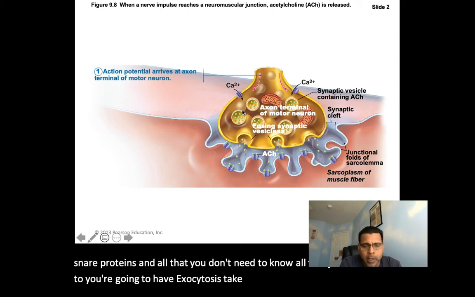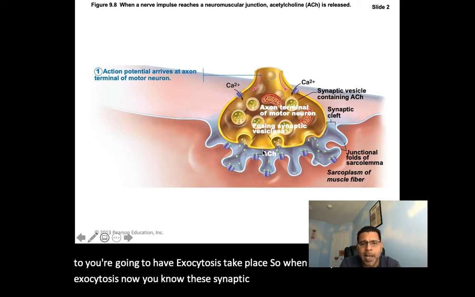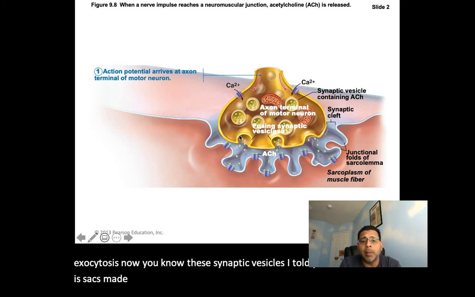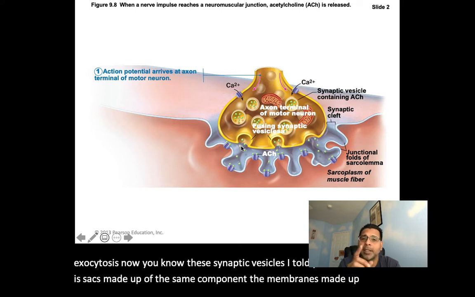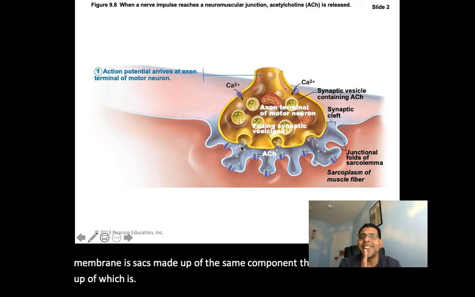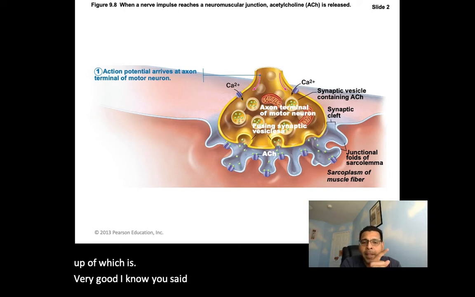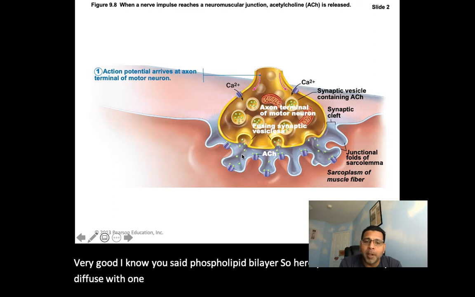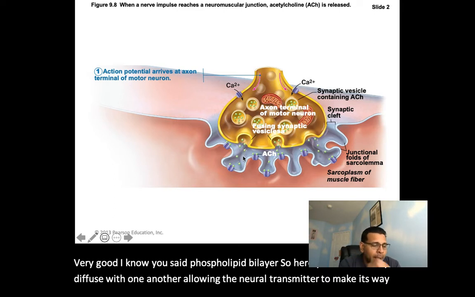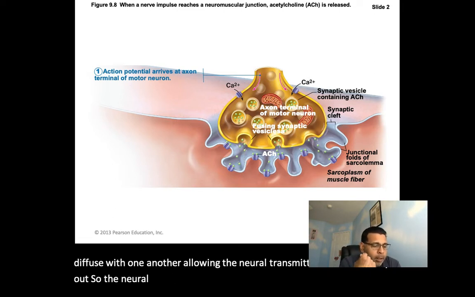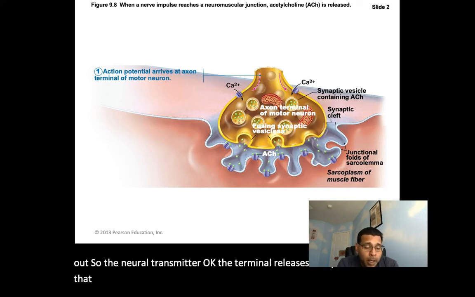So when exocytosis occurs, now you know these synaptic vesicles, I told you they're membranous sacs, made up of the same component the membrane's made up of, which is? Very good. I know you said phospholipid bilayer. So here you can see they fuse with one another, allowing the neurotransmitter to make its way out. So the terminal releases acetylcholine into that synaptic cleft.